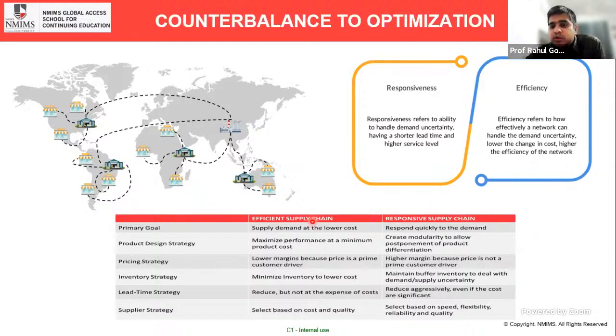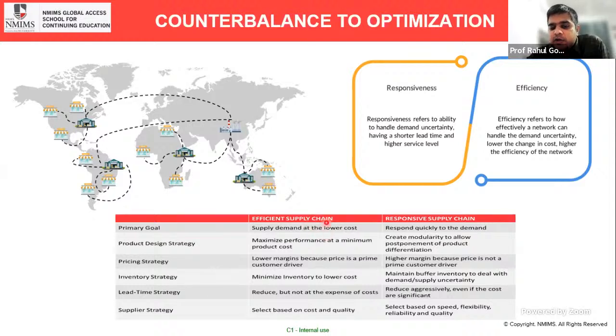So these two supply chains are very different and they behave very differently. An organization has to take a call whether they want to have an efficient supply chain or a responsive supply chain, right? A responsive supply chain will exhibit a behavior of responding quickly to a demand, whereas an efficient supply chain will deliver the demand at the lower cost, right?